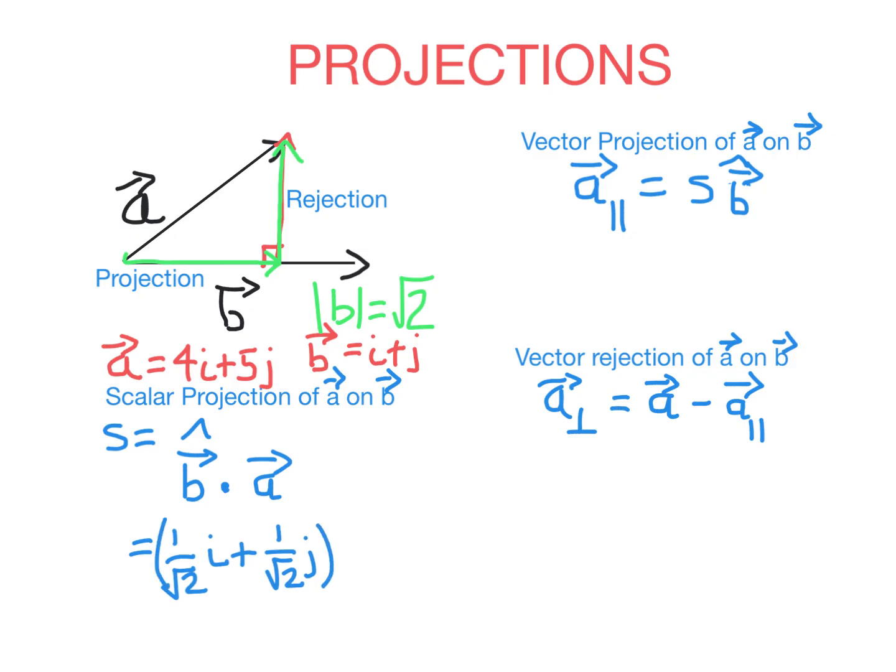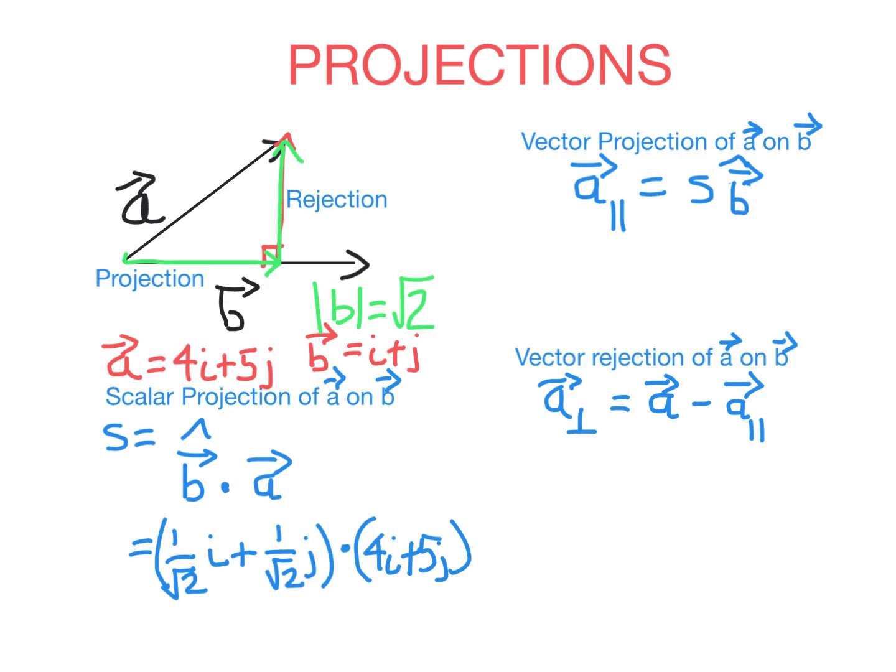To calculate the scalar projection, also called the scalar resolute of A on B, we just take the dot product of that unit vector and our original vector A, which was 4i plus 5j. To calculate the dot product, remember, we just multiply the two x components, multiply the two y components, and add up those answers.